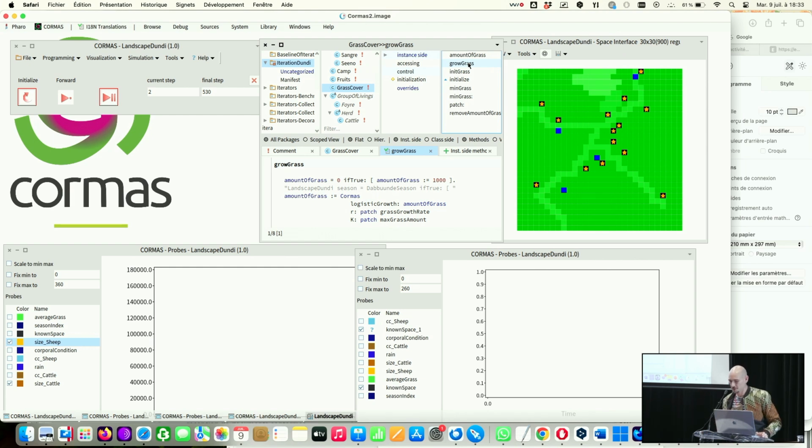That's it, easy. So maybe I can show you a small simulation. It's not a full year, maybe 4 quarters of a year. So let's do 2 years and run it.